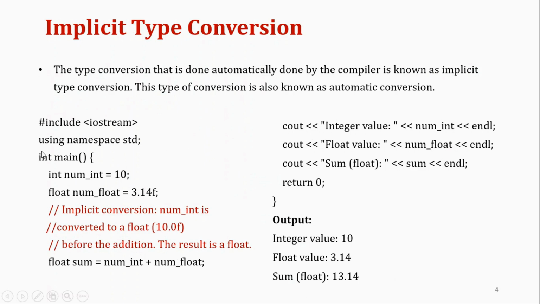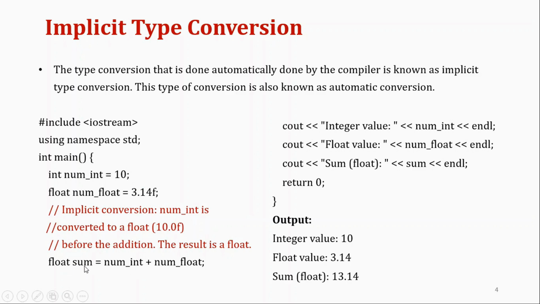In the C++ program, this is a header file and our namespace std, and in the main function we have 2 variables. One is integer, another one is float. The integer variable is numInt and the float is numFloat, and respective values are initialized. So check out the third line in this main function.